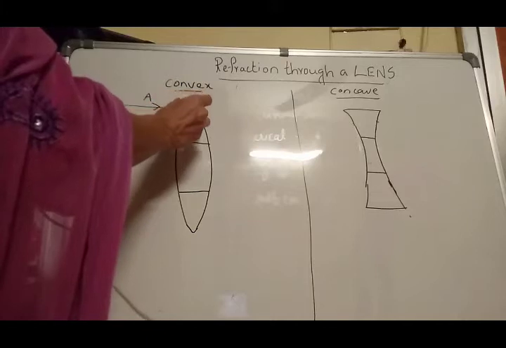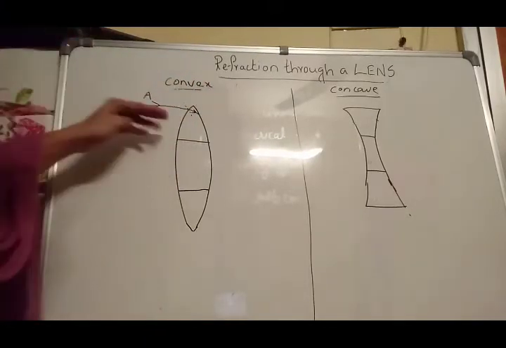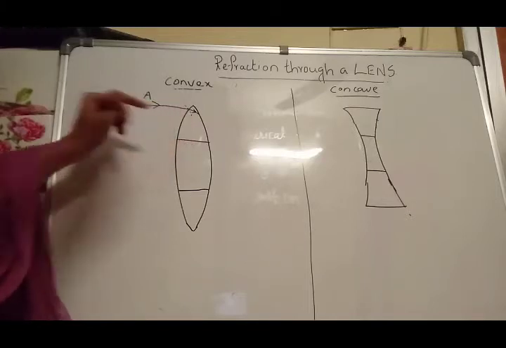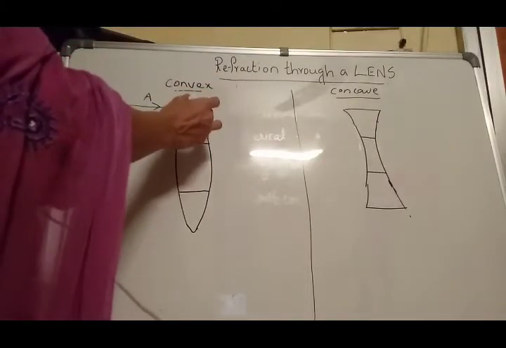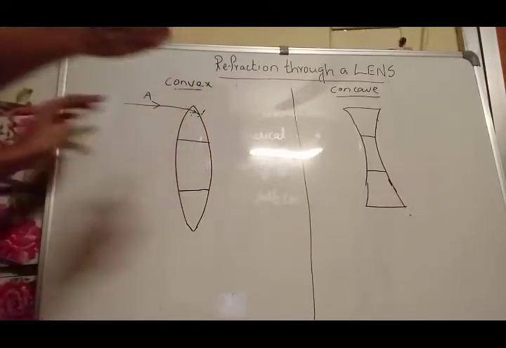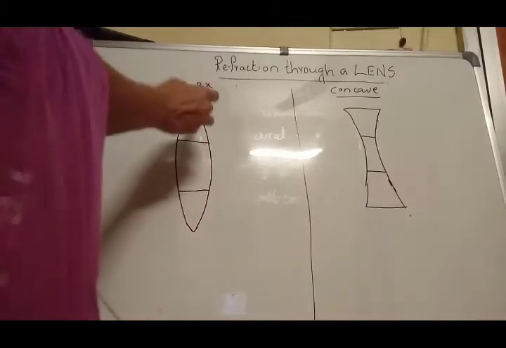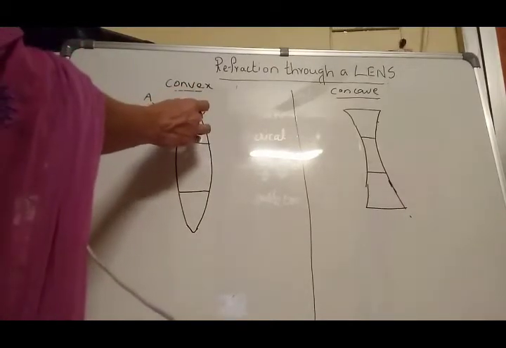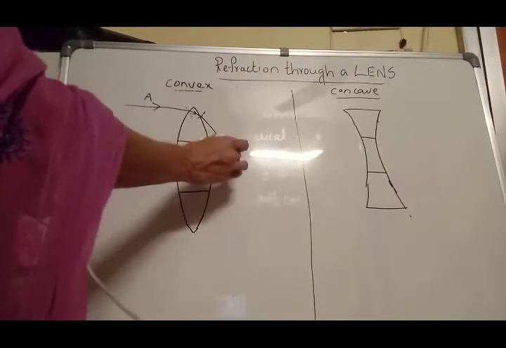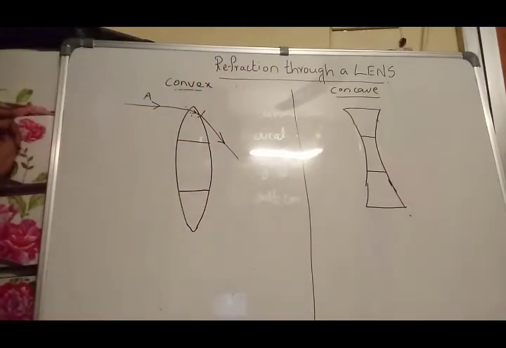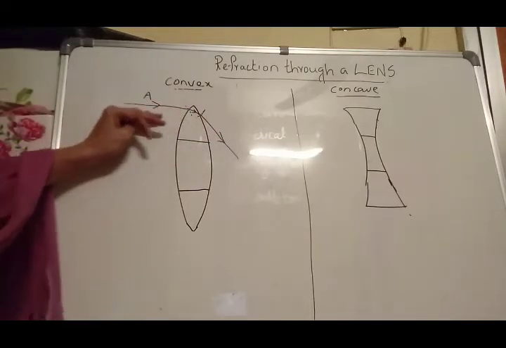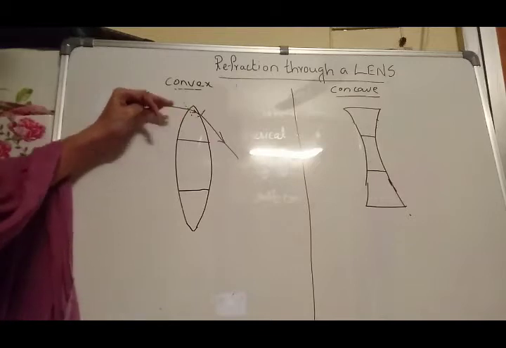You have learned this while doing the ray diagram for the prism. Then here again you have to draw a normal, and when the ray is traveling from glass to air, it will again bend away from the normal. So this is the behavior of the ray when it is passing through the peripheral region of the prism.